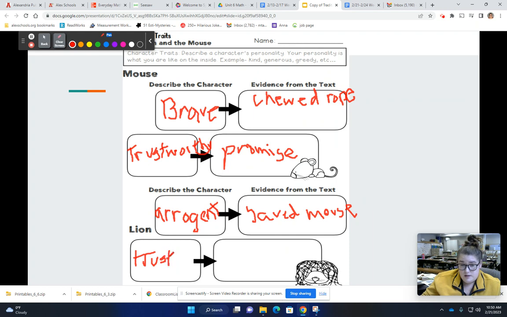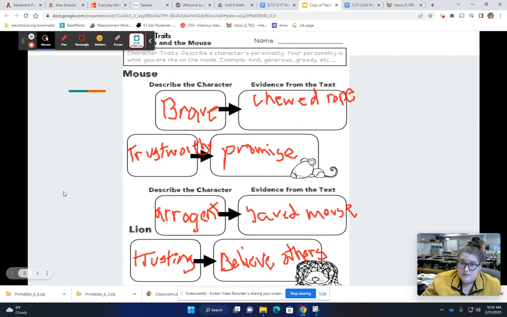And when I say trusting, I think he learns his lesson and he believes that, yeah, I should probably start trusting people when they say things to me. So, believe mouse. Or believe others. Because at the beginning he didn't believe the mouse. And she really pulled through, and the mouse followed through with her promise. So I think that caused the lion to change and become a trusting individual.